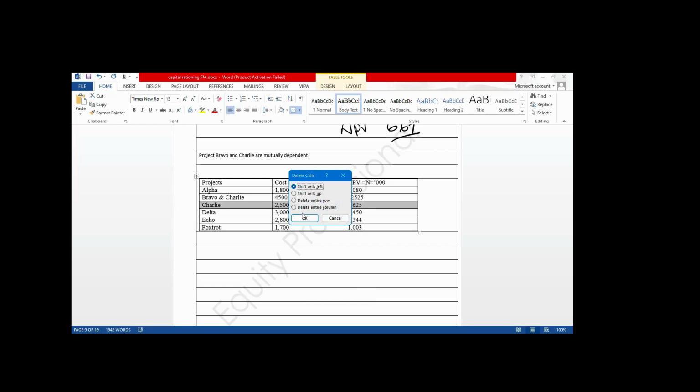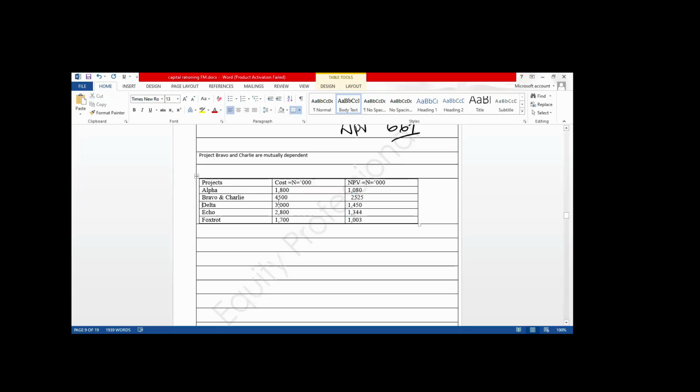So you are going to combine Bravo and Charlie. The capital required for the two projects, 4,500.